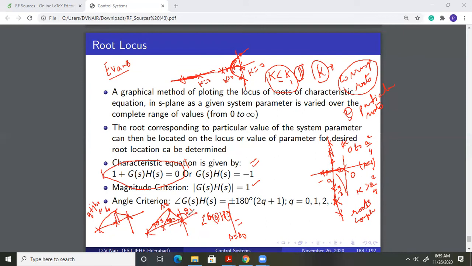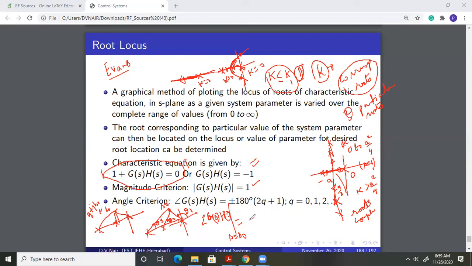We know poles lie in the denominator. This cross or multiplication sign indicates what? Poles. Poles lie in the denominator. So they will contribute a negative angle overall in GSHS. So we know that from the polar form of representation of a complex quantity, right? Quantities in the denominator will contribute a negative angle in the overall function.